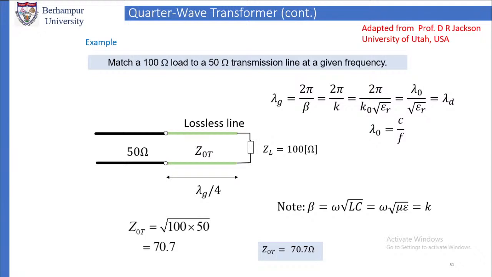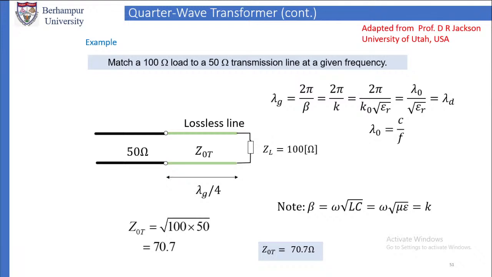We want to match this ZL to 50 ohm. So in between these two, the load and the 50 ohm transmission line, we are going to insert another transmission line whose length is lambda g by 4 and whose characteristic impedance is Z0T. This quarter wavelength transmission line section will match the load ZL to the transmission line whose characteristic impedance is 50 ohm.